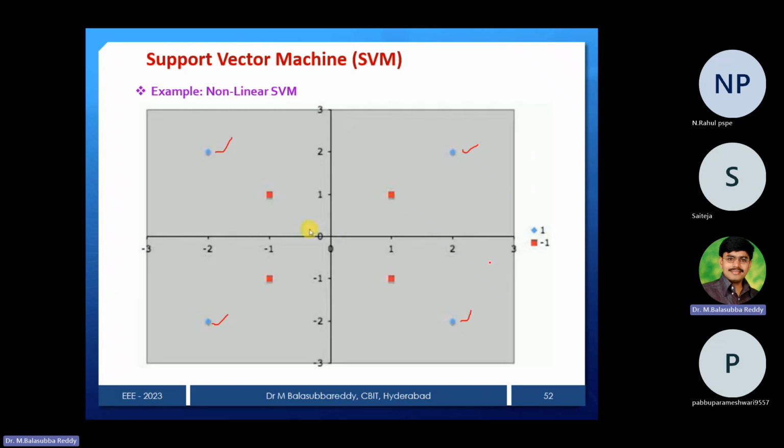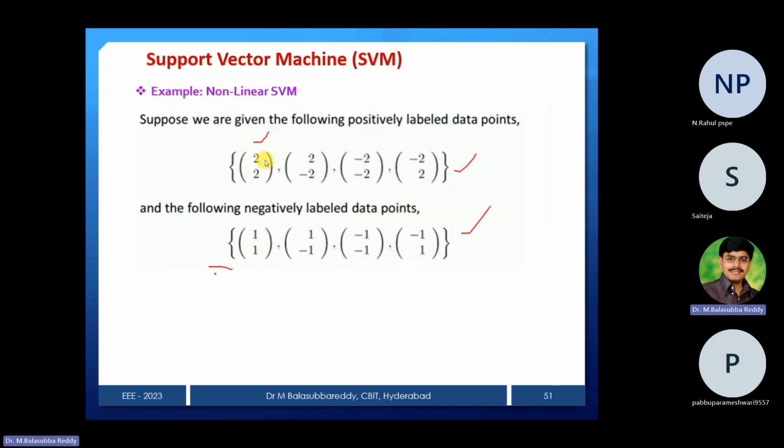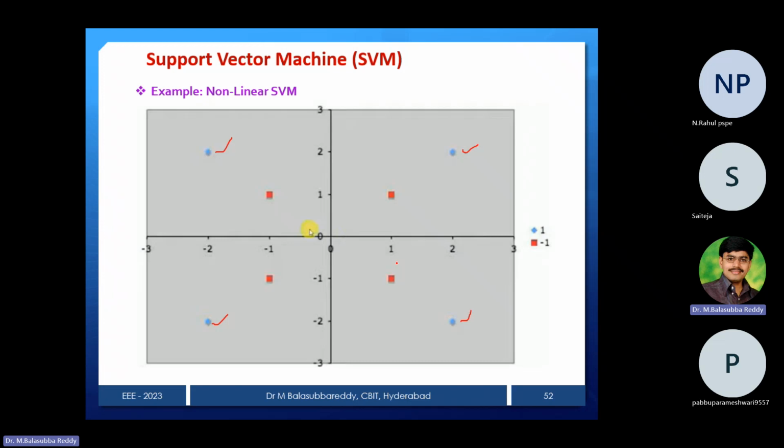Similarly, we can see the other negative points as well. In the negative labeled data, the points are 1 1, 1 minus 1, minus 1 minus 1, like that. So we placed the negative labeled data points also. We have all the 4 points.